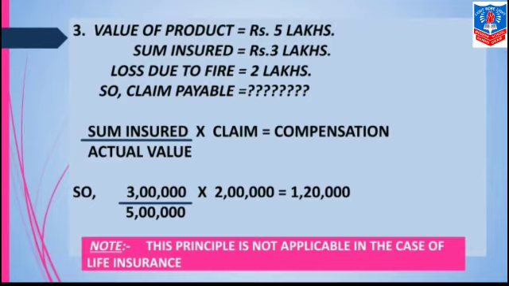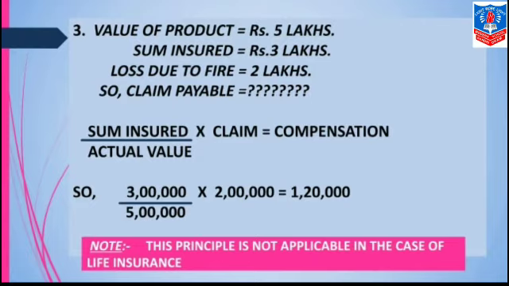Now question arises, how this 1,20,000 as compensation is there? Formula for finding compensation is sum insured upon actual value into claim.